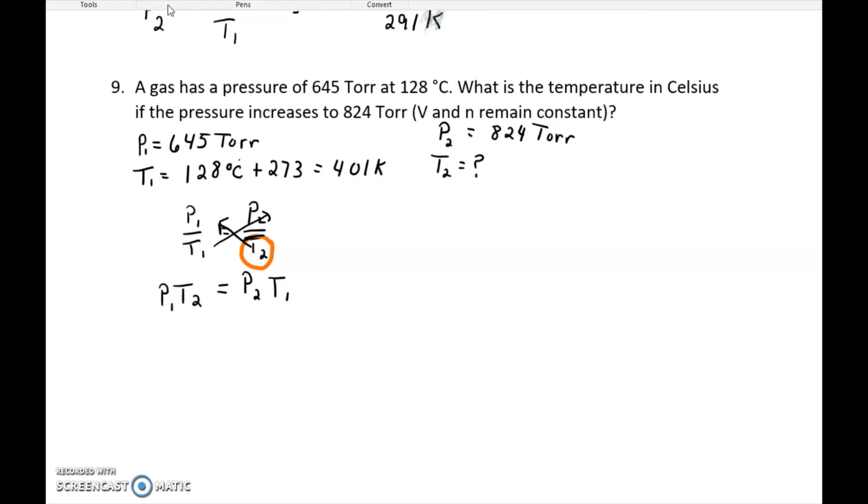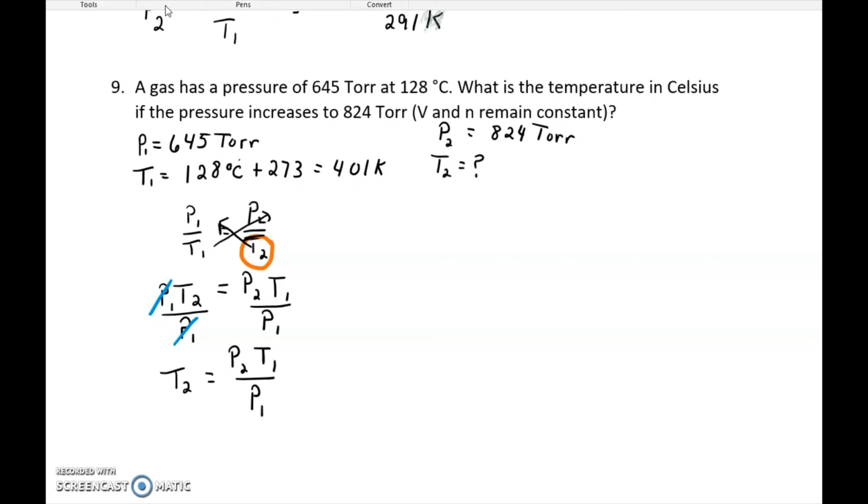Now we still need to get temperature 2 by itself. We'd like the temperature 2 to be by itself, so if we divide both sides by P1, the P1s will disappear on this side, and we'll get T2 is equal to P2 T1 over P1.